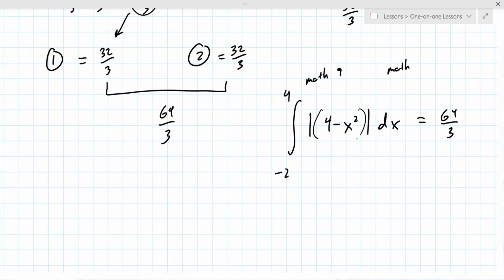Okay, I would recommend trying that now to confirm that. So 4 minus x squared. 21.333.